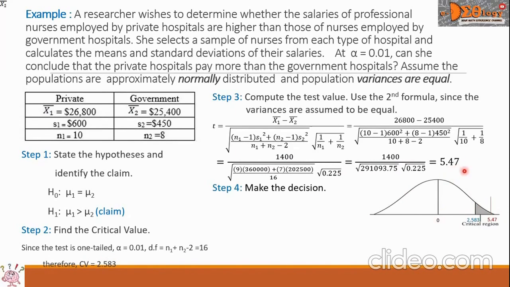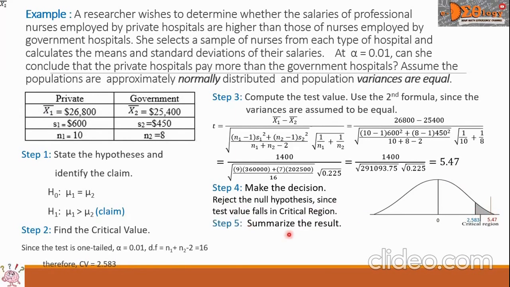This 5.47 is more than 2.583, and eventually this number will be written on the right side, that is, it consequently falls in the critical region. So our decision is we reject the null hypothesis since the test value falls in the critical region.